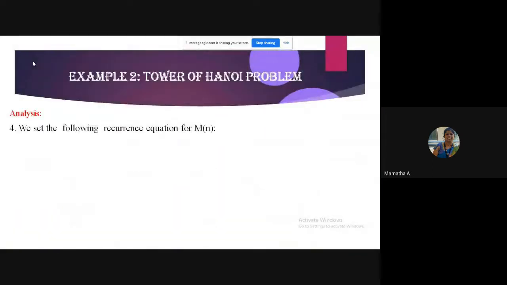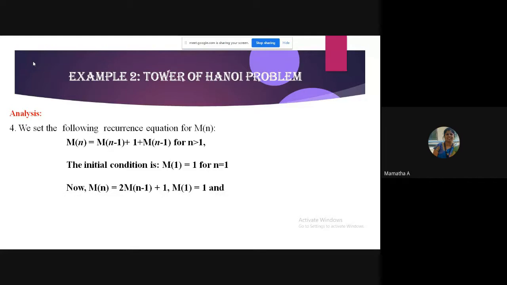Now m of n minus 1 plus 1 plus m of n minus 1, where the initial condition is m of 1 equals 1 for n equals 1. Very good, right? So this is how you have to tell. Now can I write this m of n as 2 times m of n minus 1 plus 1? Do you agree? Yes.